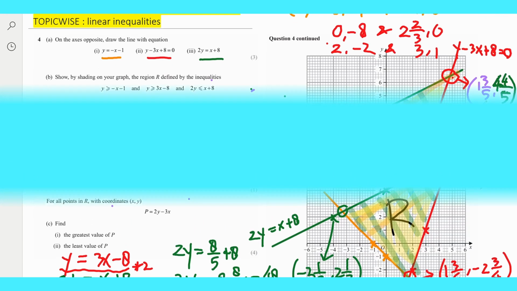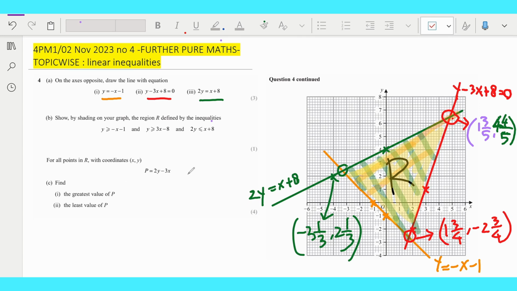That is our coordinates. Now guys, what we have left is just to test the three coordinates, to see which one will give us the greatest and least value for P. So we will do the test. Let's name these A, B and C coordinates.